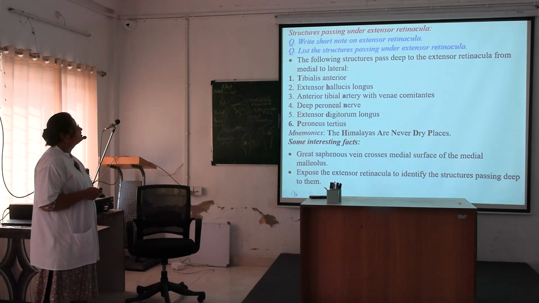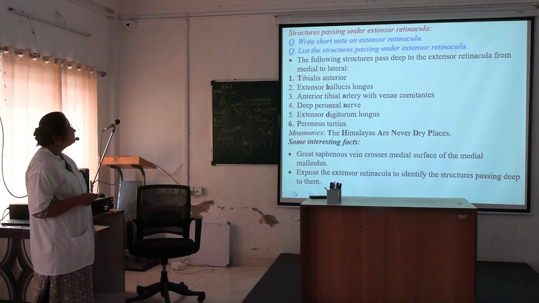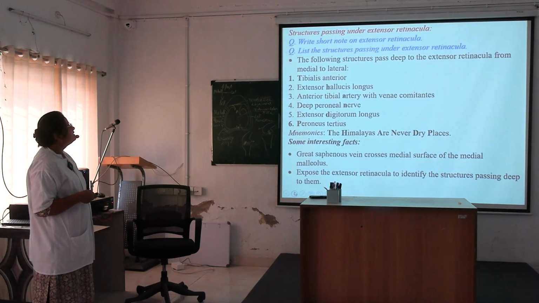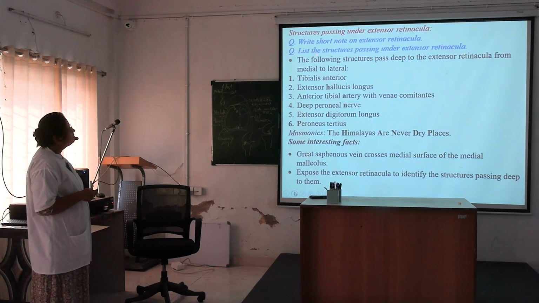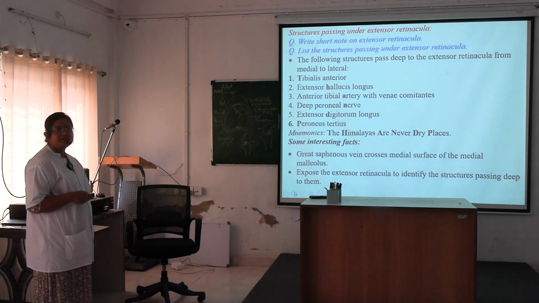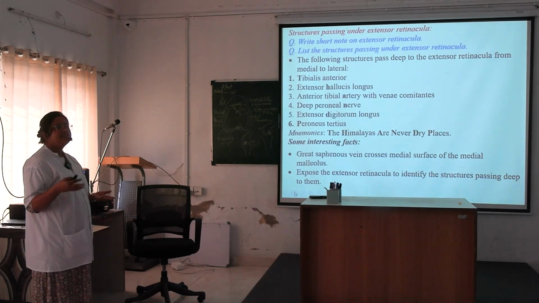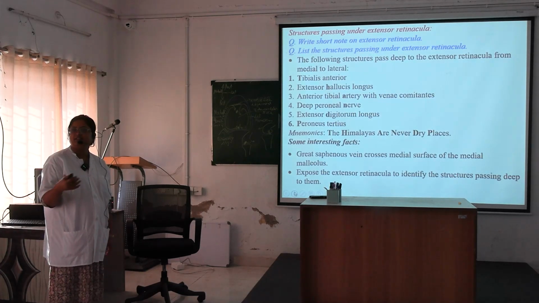Now the structures passing under the extensor retinaculum. This is important, these structures we have to see in the dissection. The following structures pass deep to the extensor retinacula from medial to lateral. These are also asked, lying over the lower end of the tibia on the anterior surface.